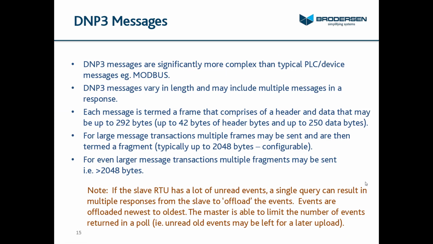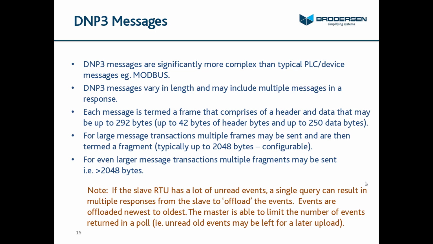And when we look at the messages themselves, we see that a DNP message is significantly more complex than a Modbus type message. Interestingly, they can vary in length and may even have multiple messages. So the master might send a single request, but the outstation RTU may in fact respond with multiple messages.